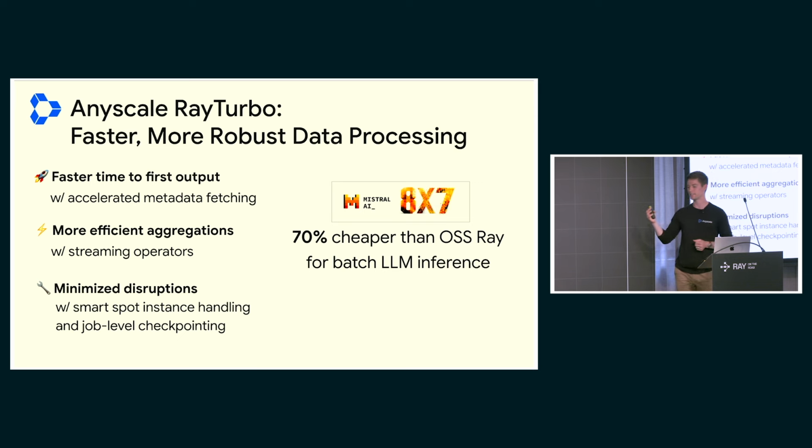When you combine all these things together, one of the benchmarks we ran is applying Mistral 8x7B across, I don't remember exactly what the input data set size was, but combining all of these optimizations, it was 70% cheaper than running the same workload on open source Ray.